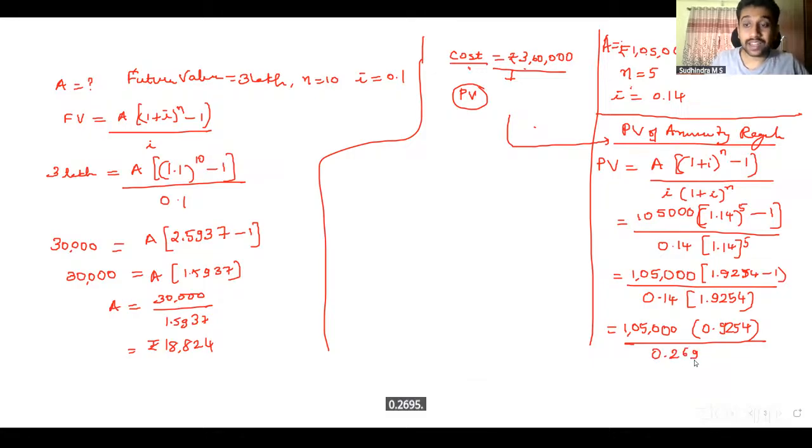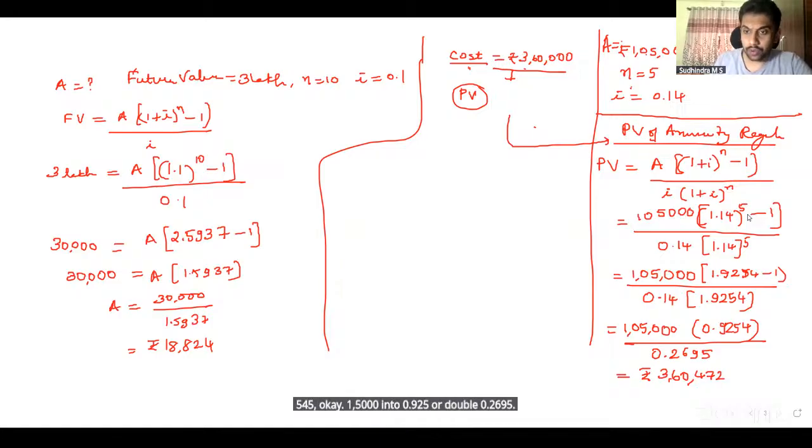0.2695. Okay, fine. So if I simplify this, I should get 3,60,545. That is 1,05,000 into 0.9254 divided by 0.2695, 1.9254 into 0.14.